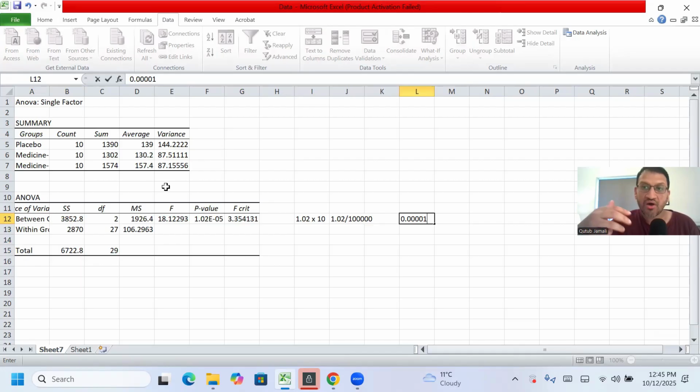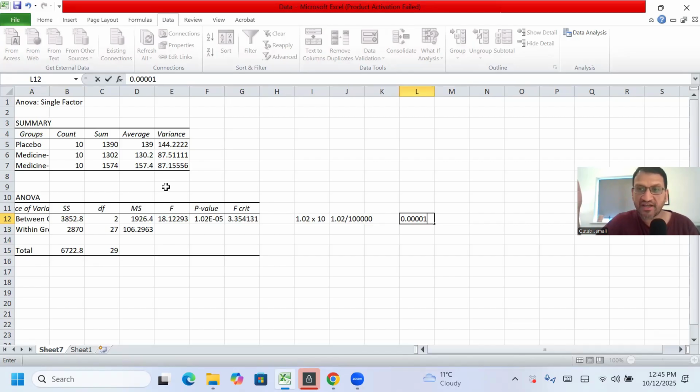Now, what was the hypothesis? That there is no significant difference between the mean blood pressure with the use of these three different medications.